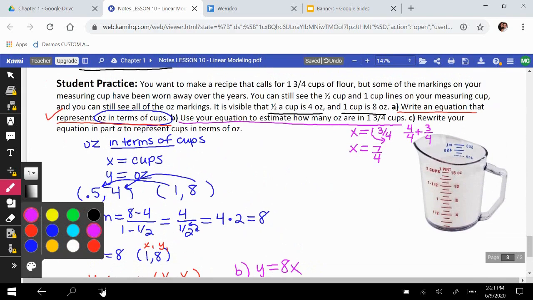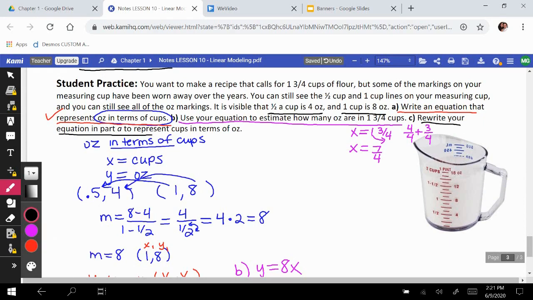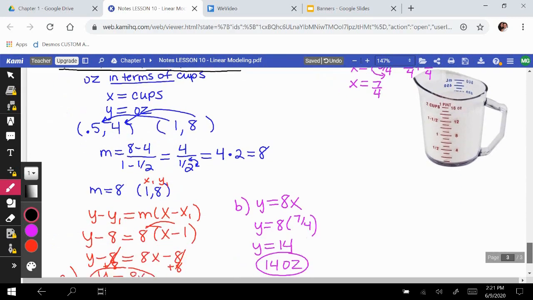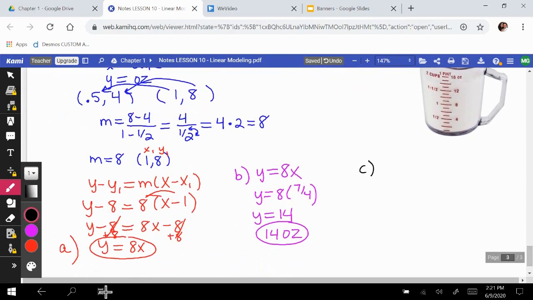Part C is quite tricky. I'm going to do part C just in black. It says rewrite your equation in part A to represent cups in terms of ounces. Okay, this is weird. So now for part C, we're writing cups in terms of ounces. So my input and output values are changing. The easiest way I can think to do this is just to solve for the opposite variable.